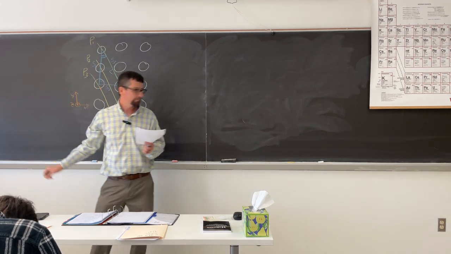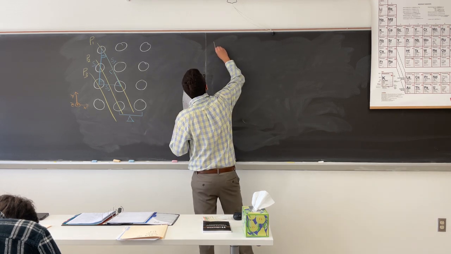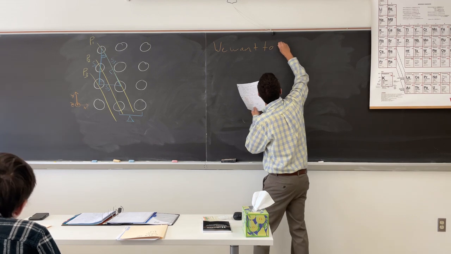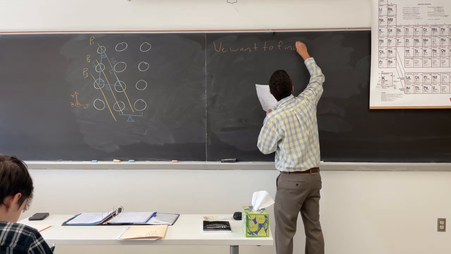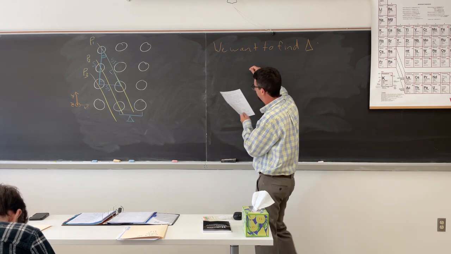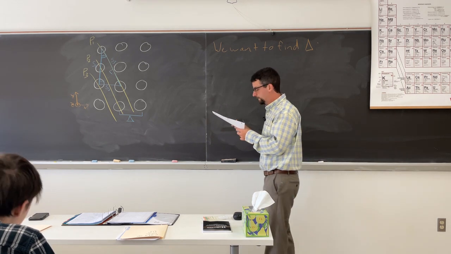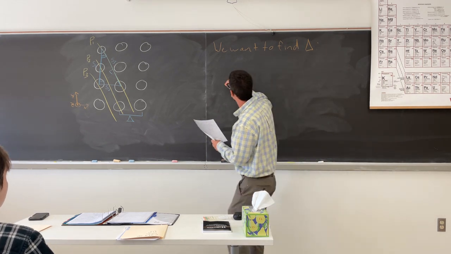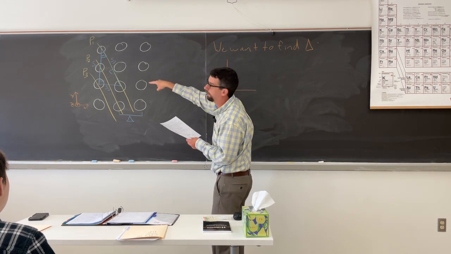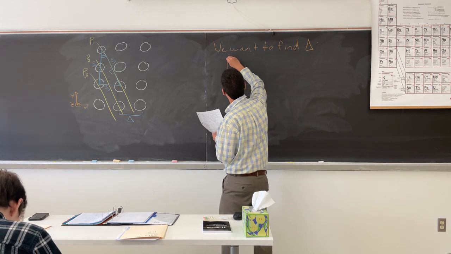We'll just use orange. Want to find delta, which is the same as S2, right? We're going to use a triangle. Here's our triangle that I'm going to pull out from here so it looks a little less complicated.